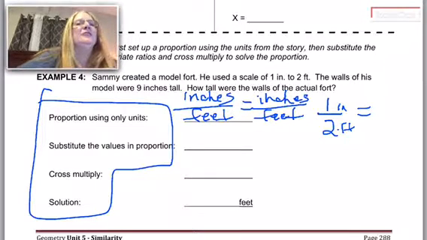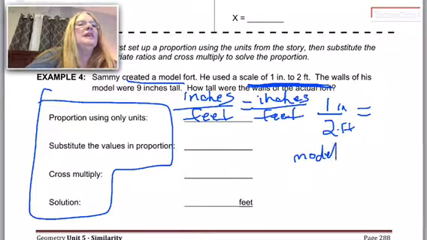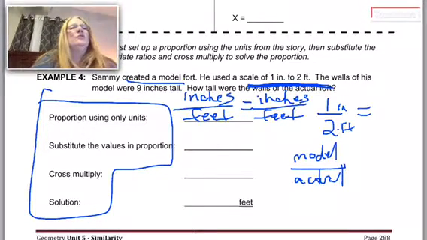Now here's something else to think of. You need to decide where your x goes. So he created a model. His scale was 1 inch to 2 feet. So the 1 inch was the model. Okay, the actual is the 2 feet. So the walls of his model were 9 inches tall.